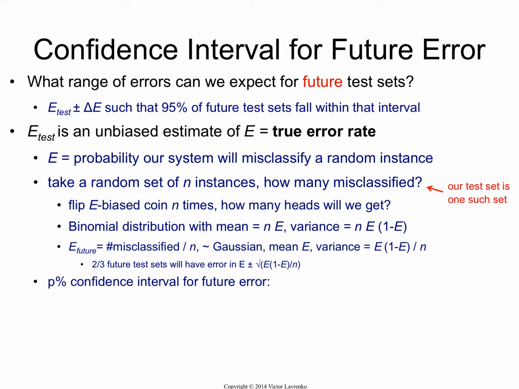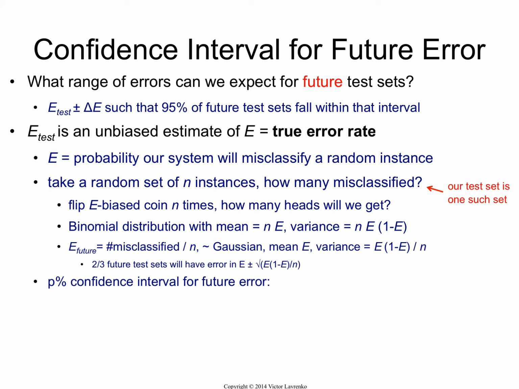And that's because that follows a binomial distribution, right? So n is the number of flips that I do, E is the probability that I get a head, or n is the number of instances that I'm classifying, and E is the probability that I misclassify any given instance. So the total number of misclassified instances is going to be around nE, but it can vary depending on the different sets that I get.